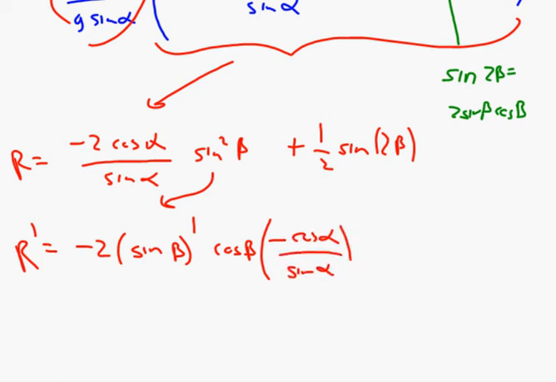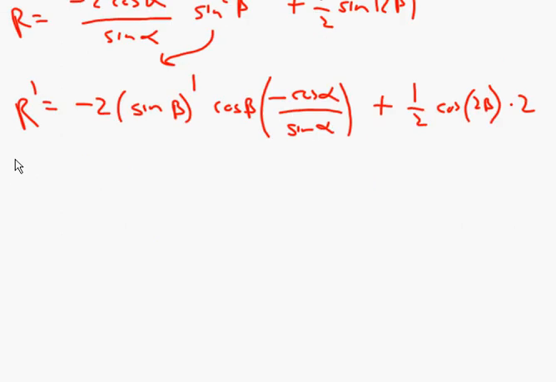That's acting like your coefficient there. And then over here, I take the derivative. There's a chain rule. So it's going to be 1/2 cosine 2 beta times 2. All right, so let's do a little simplification here. Here the 2's cancel. So this will just become plus the cosine of 2 beta.